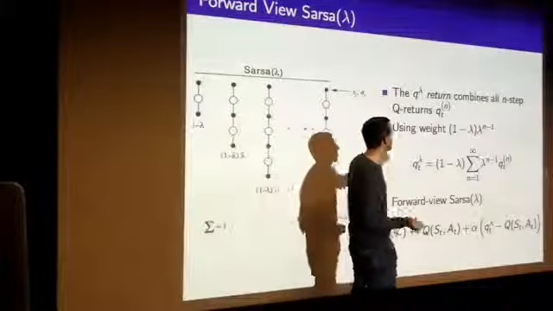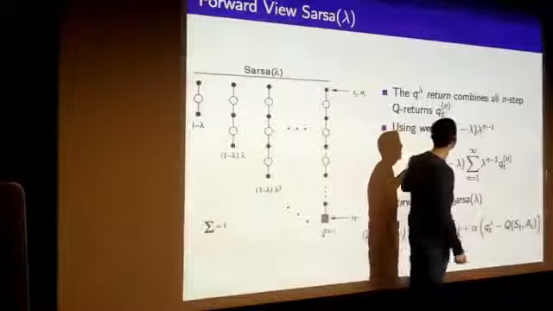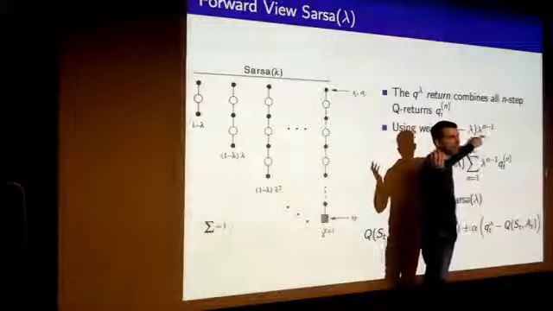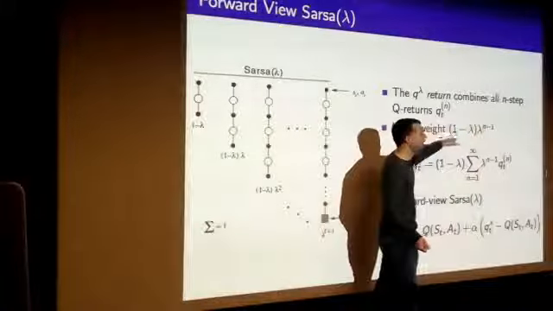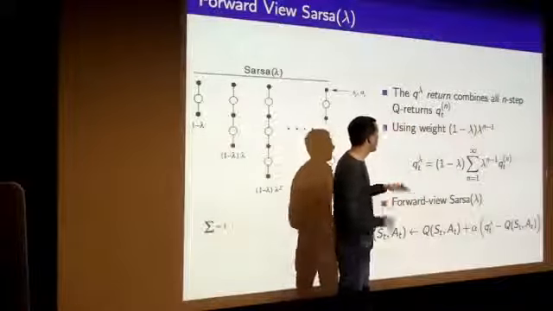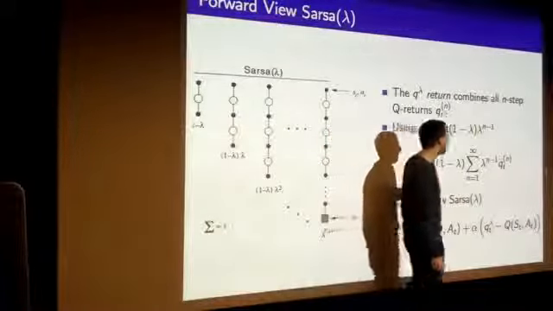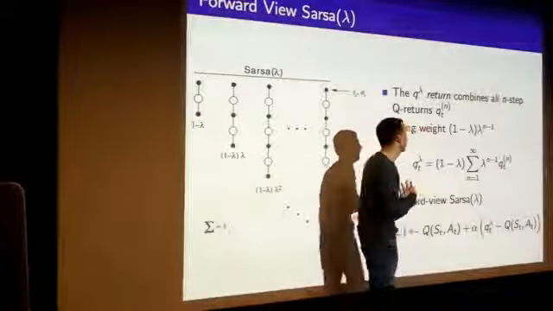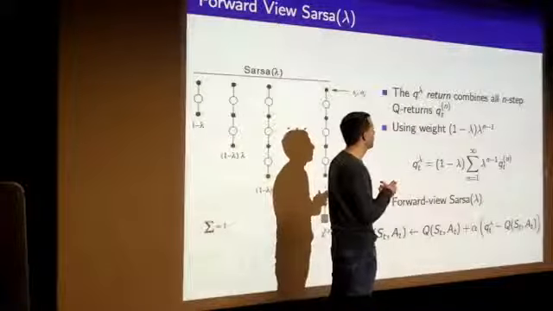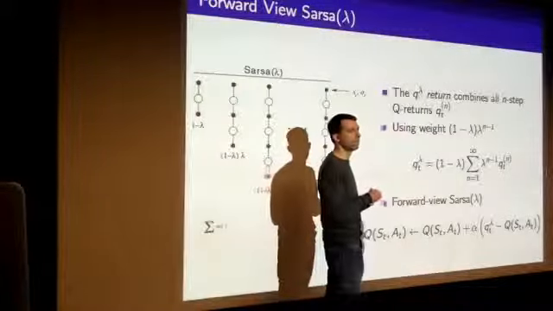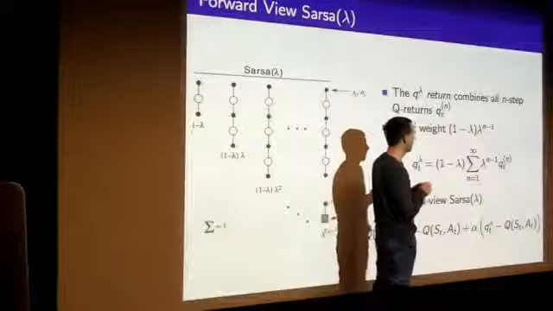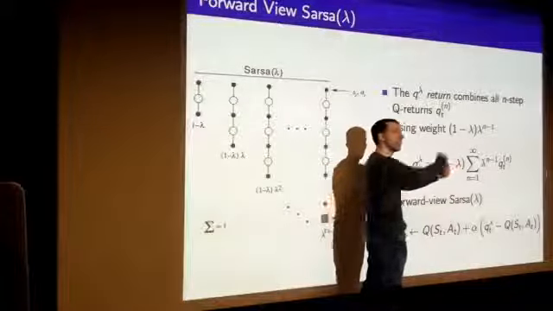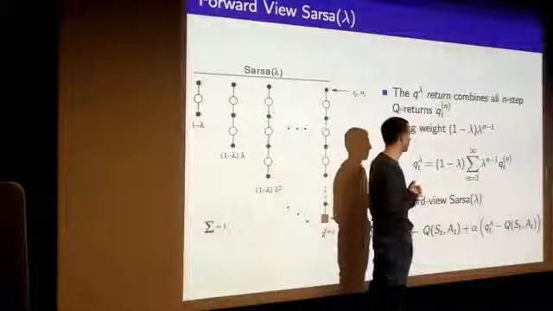The way we're going to average over them is by defining this weighting: we weight each n-step return by a factor of lambda to the n minus 1, with the 1 minus lambda as the normalizing factor. And so when we make this lambda return, it's a way to average over all of our n-step returns in a way that's, A, computationally convenient, and B, takes account of all different n. Okay? And it has this lambda parameter that we can tweak, which can make us either more or less far-sighted in terms of how much we prefer the large n or the short n.